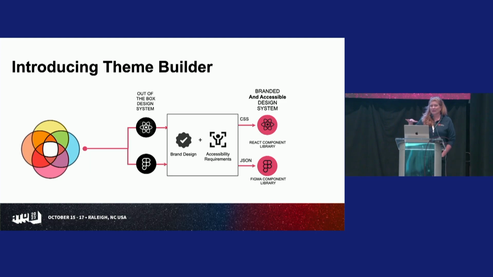And then we could spit out some code that would take an out-of-the-box Figma file and an out-of-the-box React component library, and you could put in your design brand colors and your design system component requirements, and we could apply that accessibility layer to spit out code that would then transform that Figma library and that React library to be exactly the same, right? How much time goes back and forth between designers and developers trying to create those components that look the same in Figma as they do in React.